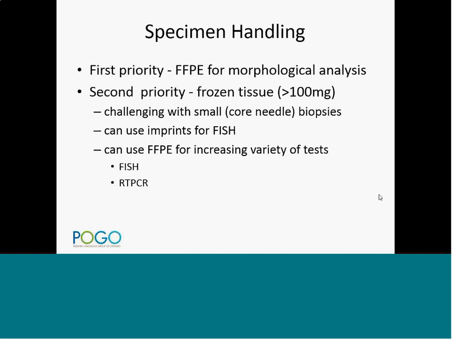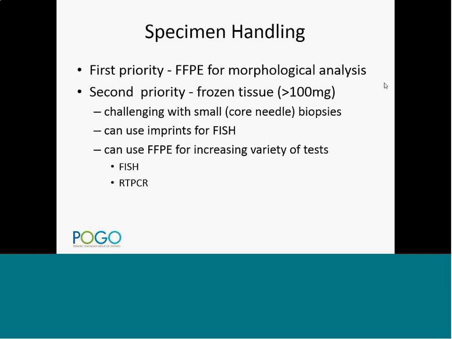I'm going to launch into the protocol, and one of the first things that's mentioned in the protocol is specimen handling. And as always, for pathology, the first priority is given to fixed paraffin embedded, or FFPE, tissue, because as pathologists we rely very heavily on the morphological analysis of tumours to help us subclassify and subcategorize.